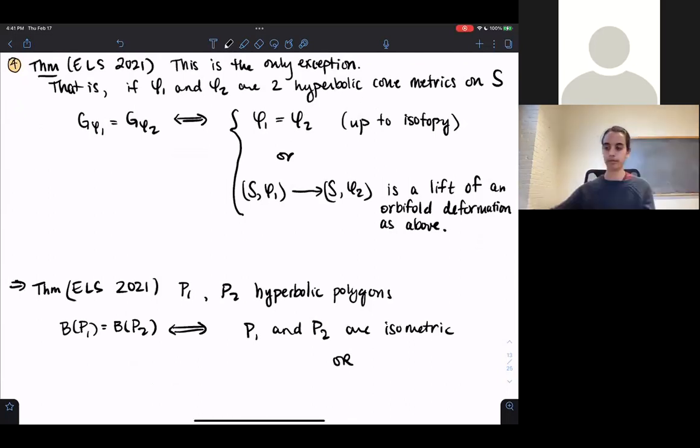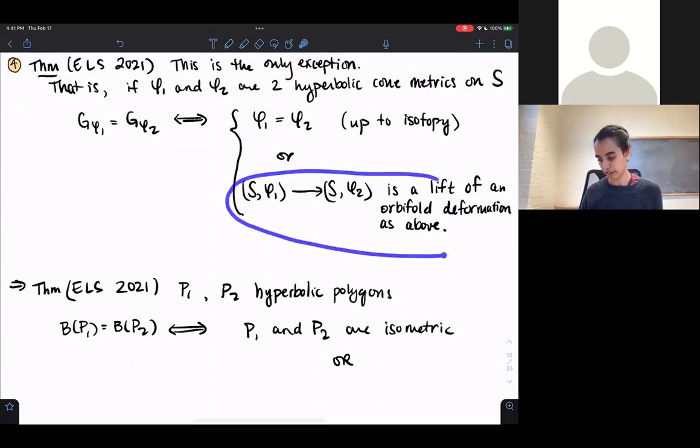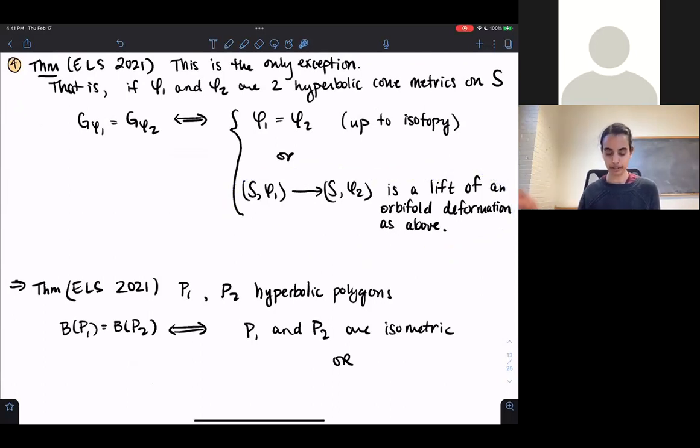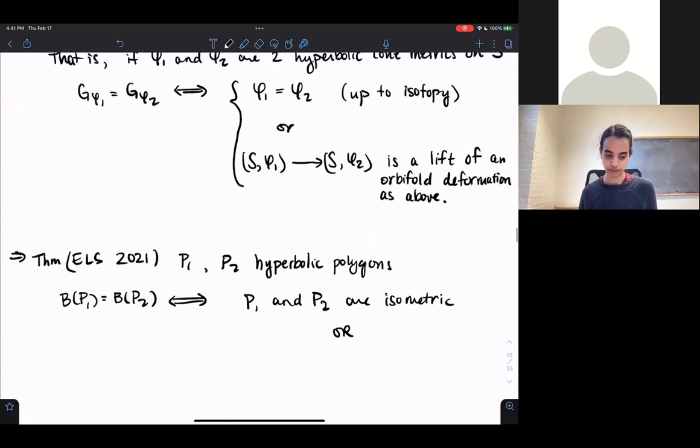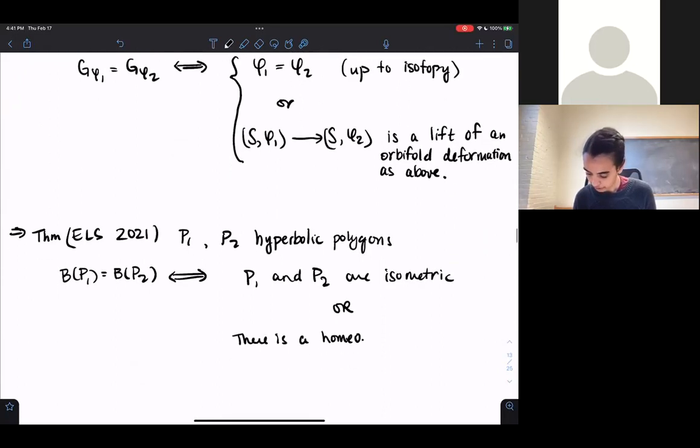And now, oops. I mean, or there's some sort of deformation possible induced by an orbifold deformation. But to say that more concretely in terms of the polygons, it would mean the following thing. Or there is a homeomorphism that goes from P1 to P2, but it preserves a tiling.